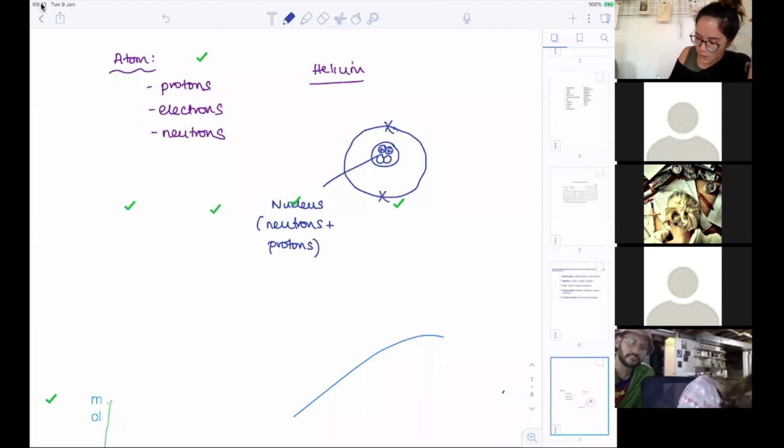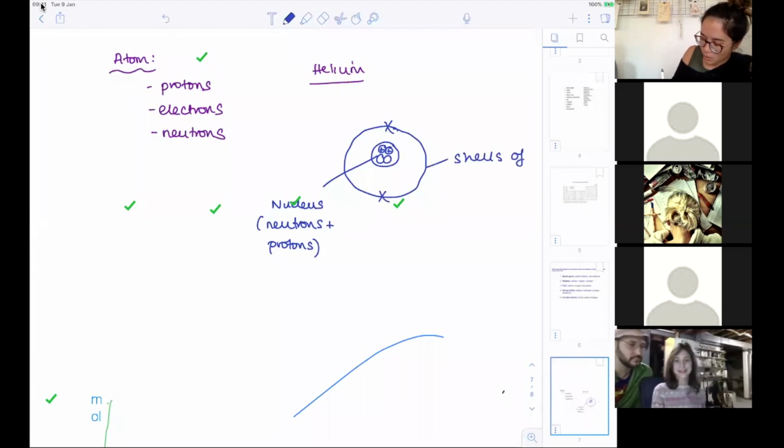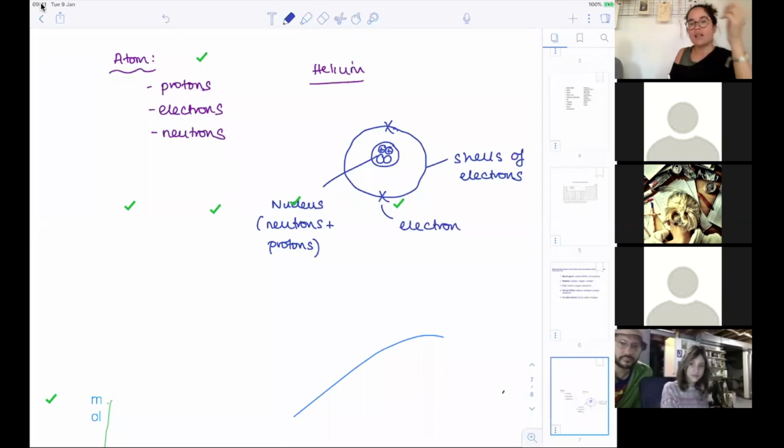And surrounding that, you have what are known as shells of electrons. And here's an electron. Now then, what we need to now talk about is the various charges and masses of these subatomic particles. We call them subatomic particles because they are found within the atom.